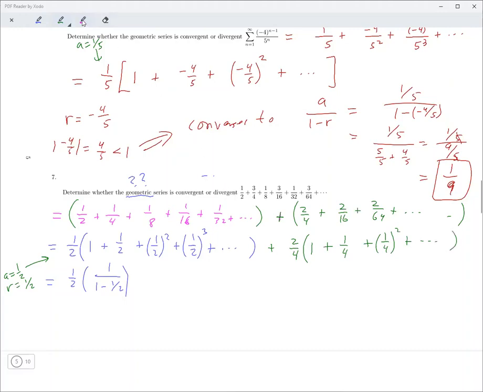So this is a geometric series where A is 1/2, 2/4 is 1/2, and then R is 1/4. Okay, so this is going to add up to 1/2 times 1 over 1 minus a 4th. Okay, so let me see. This is going to simplify to, that simplifies to 1.